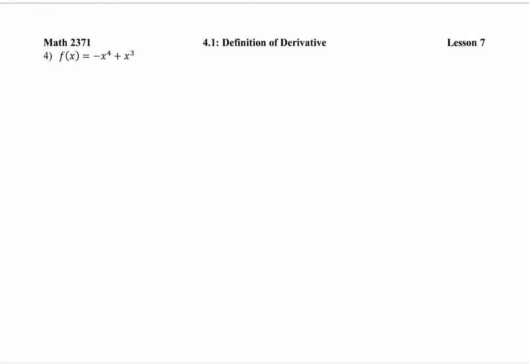So now let's look at this one. So f prime of x equals the limit as h goes to 0 of f of x plus h minus f of x all over h.